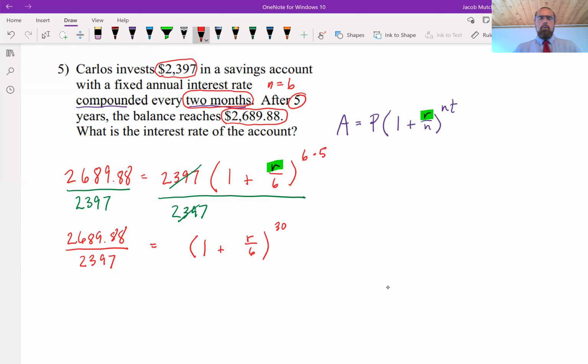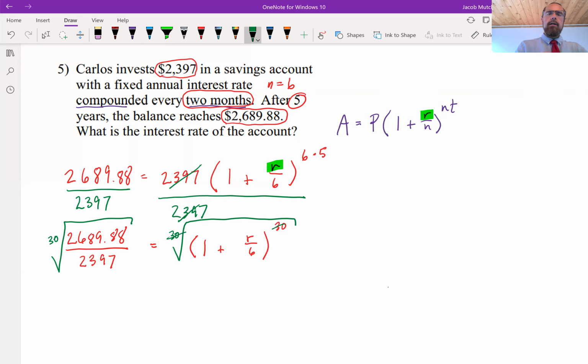And at this point, I want to get rid of the power of 30. And so what I'm going to do is apply the inverse operation to the power of 30, which is the 30th root. So we'll put the radical, and we're taking the 30th root. And on the right here, that's going to cancel.